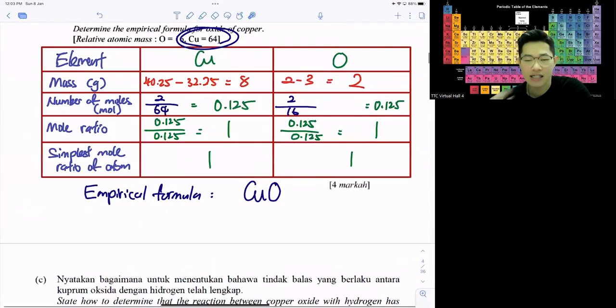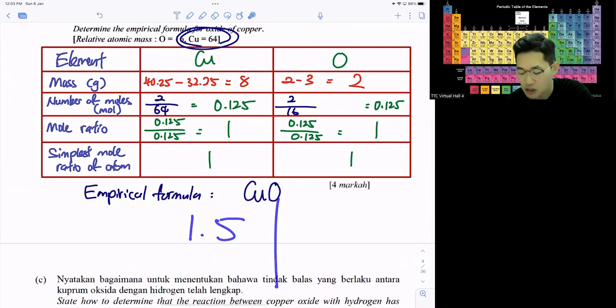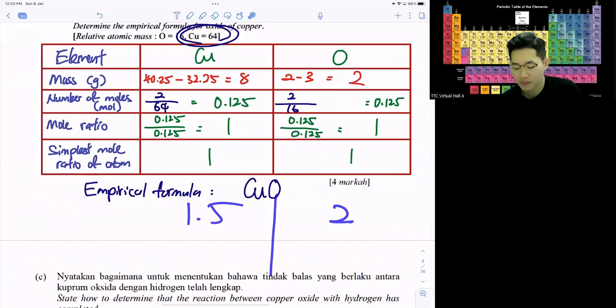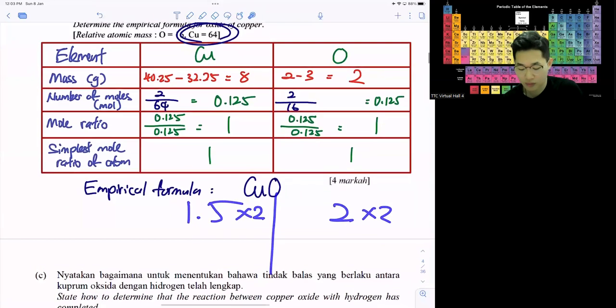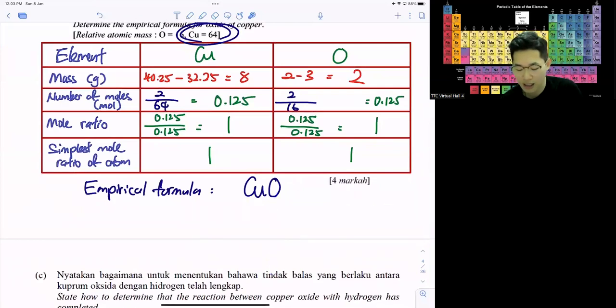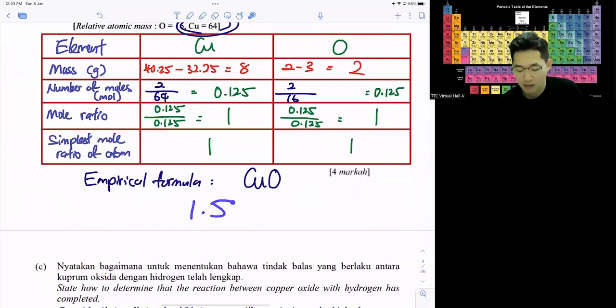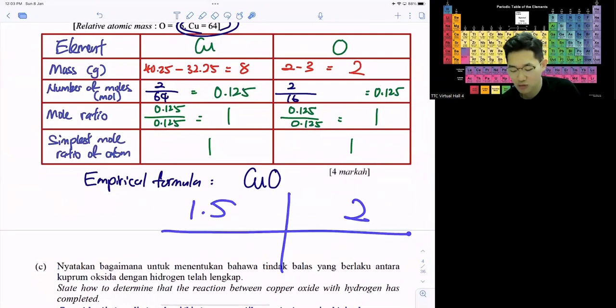And then if your exam question happens to get 1.5, let's say your ratio is 1.5 and 2, don't round up. Don't round up to become 2. You should times 2 the 1.5, and also times 2 the 2, to become 3 and 4.